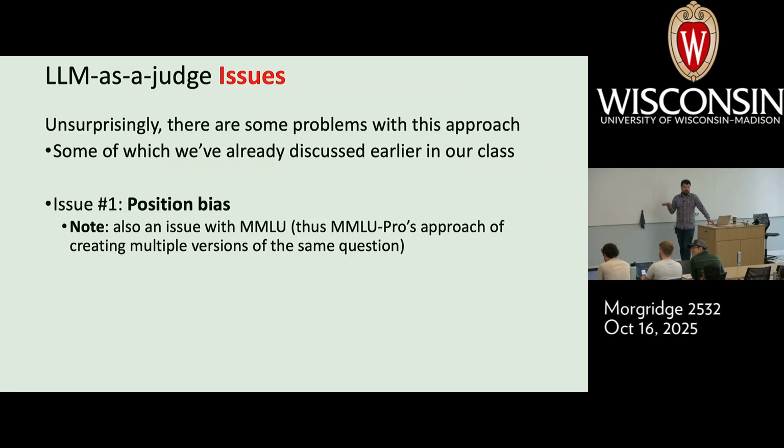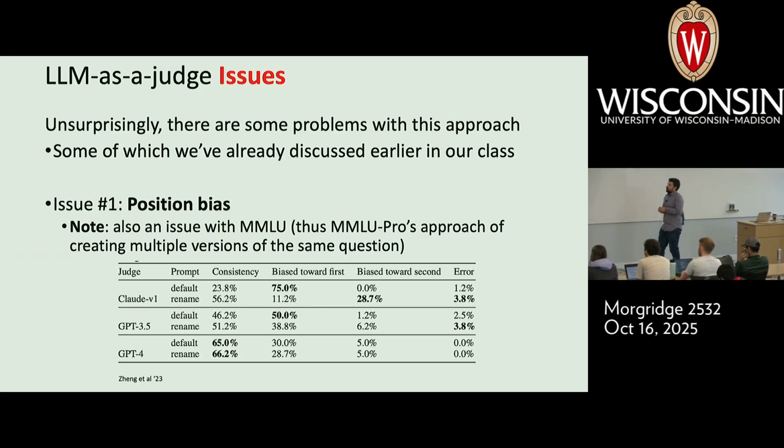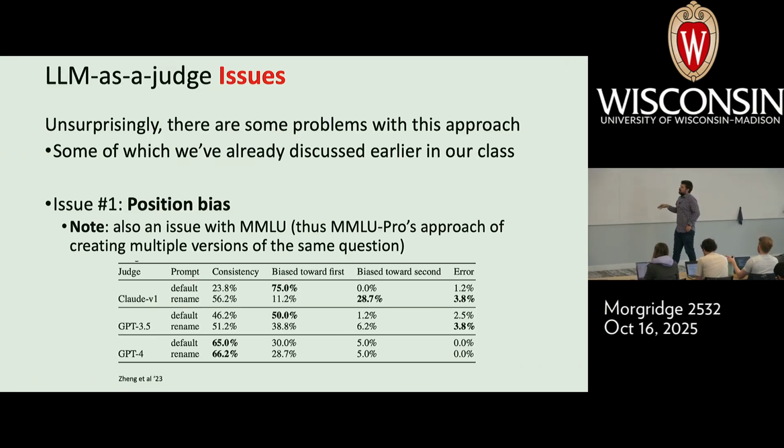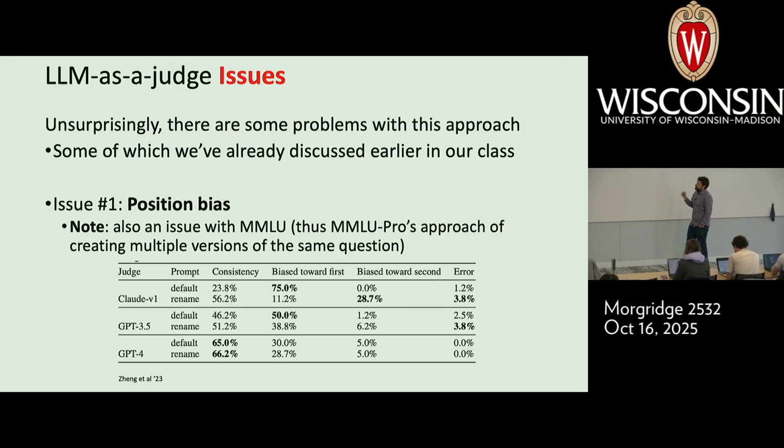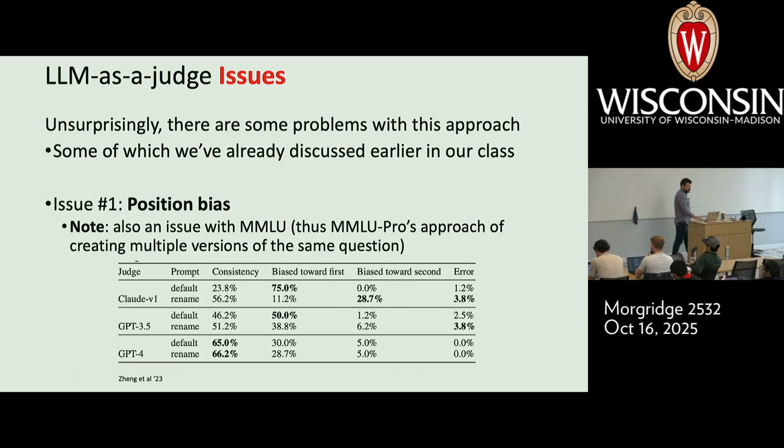Models are more likely to answer A, which comes first in a multiple choice list. And therefore, if the correct answer is more often A, you'll get artificially high performance, for example. So you have these issues. There are examples of biases that you get. These are not as bad in more modern models, but they still accidentally exist. So you're more likely to pick the first option as correct, whether or not it's actually correct.